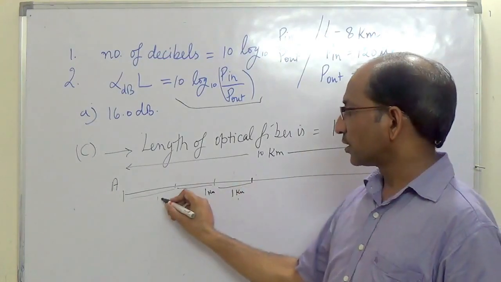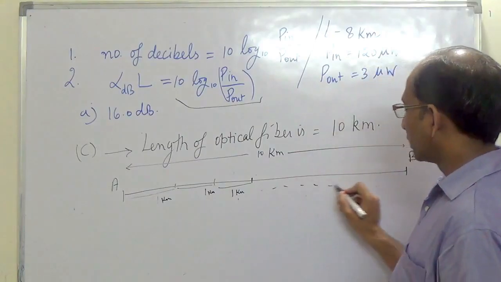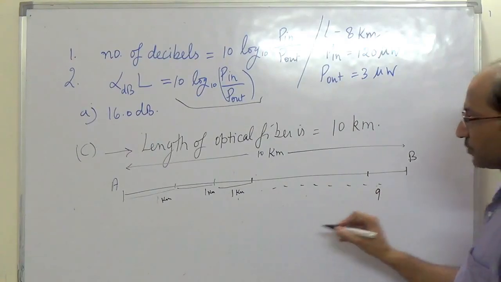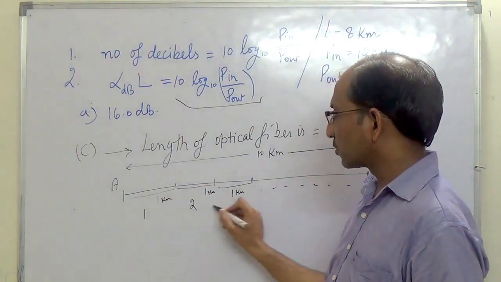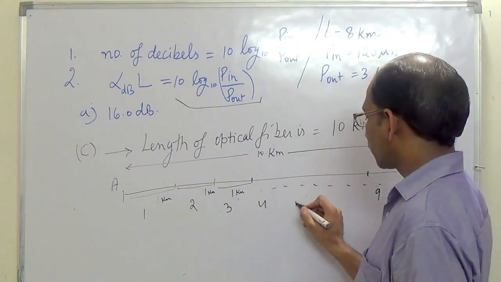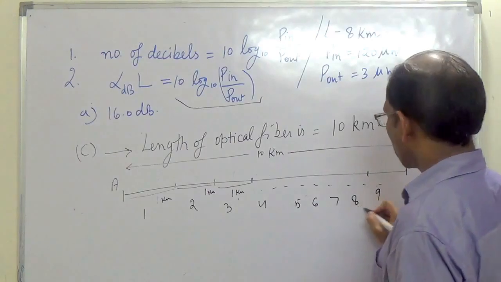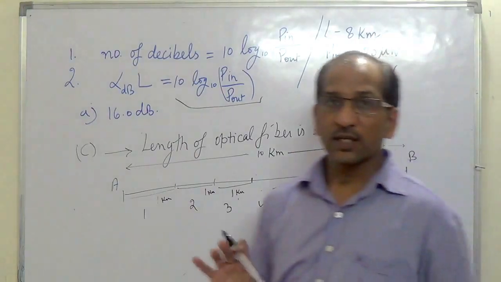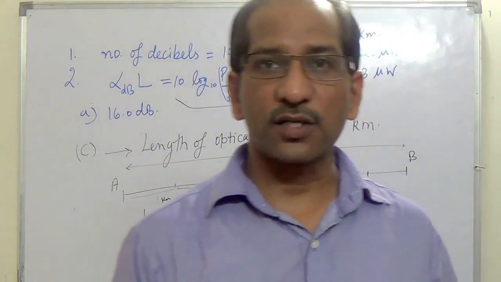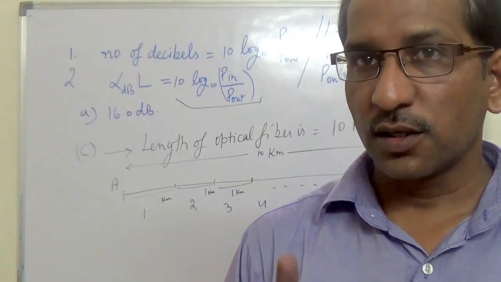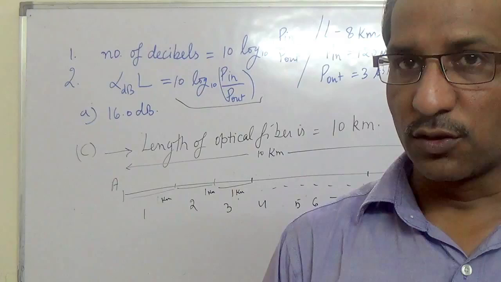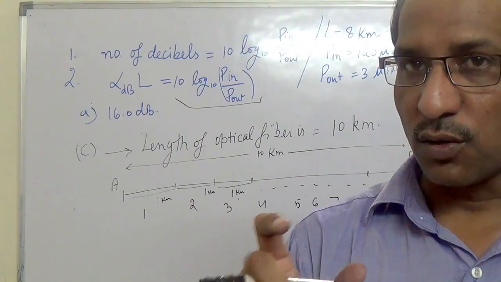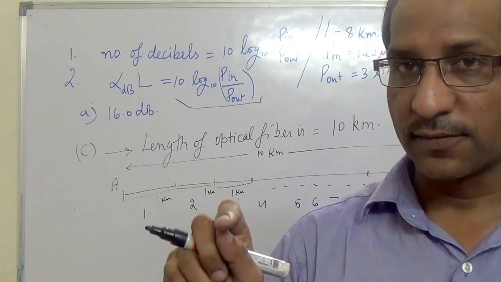This is also 1 kilometer, up to here. So there are total 9. This is one interval, second interval, third, fourth, then 5, 6, 7, 8 and 9. Then it completes. So there are 9 connectors, and each connector basically provides 1 decibel loss into the signal in addition to the overall loss of the signal because of the total length, right?